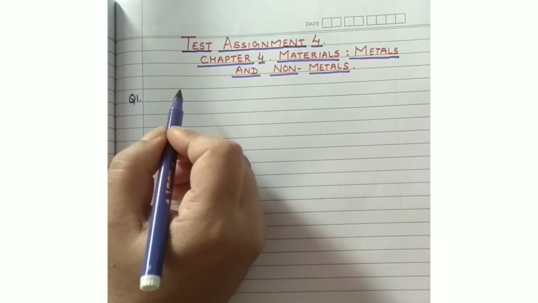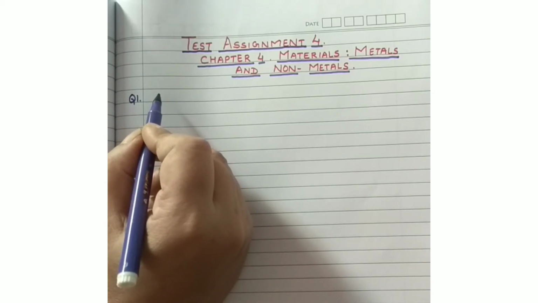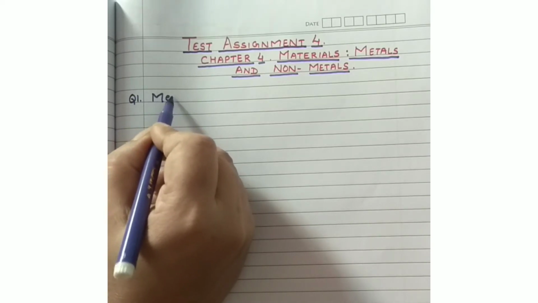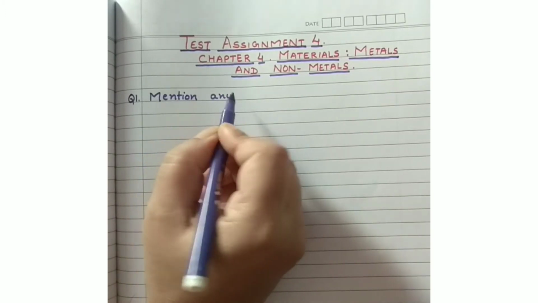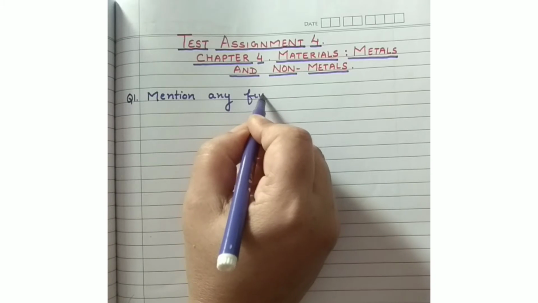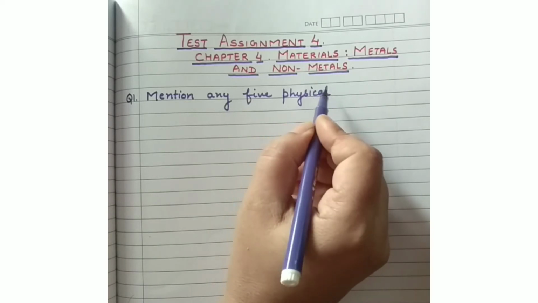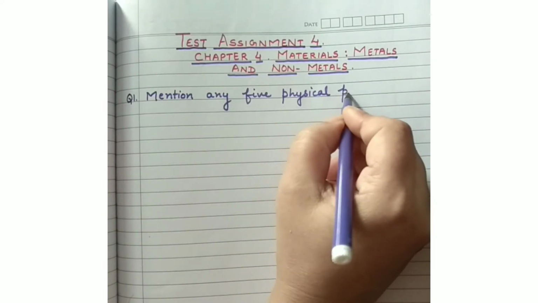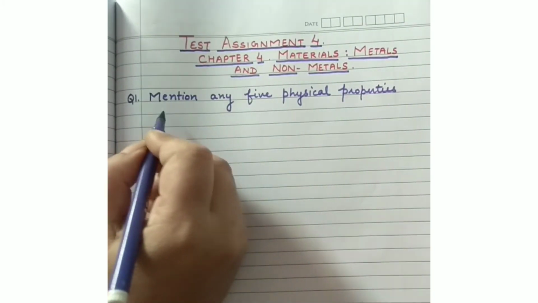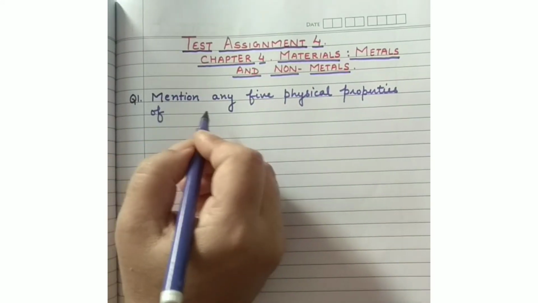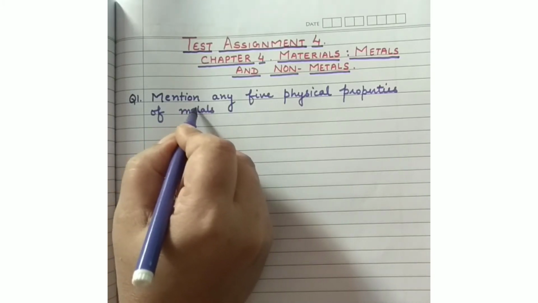First question of this chapter, number 4 of assignment 4, is: mention any 5 physical properties of metals.